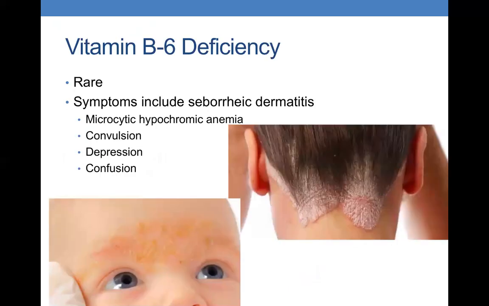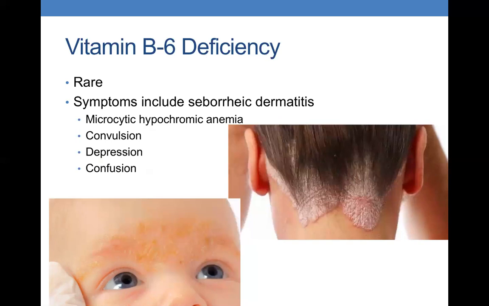B6 deficiency is pretty rare. However, it could occur, and low levels of B6 have been observed in people who had cardiovascular disease, diabetes, inflammatory bowel disease, or even rheumatoid arthritis. It can cause this skin condition called seborrheic dermatitis, as you can see here, and it's kind of this flaky crustiness of the skin.